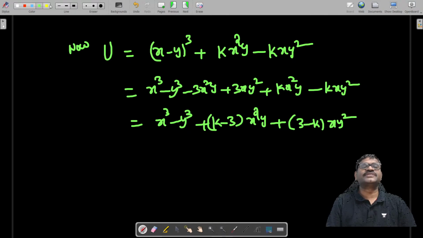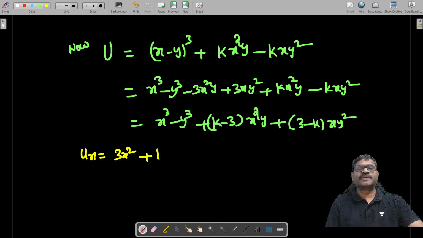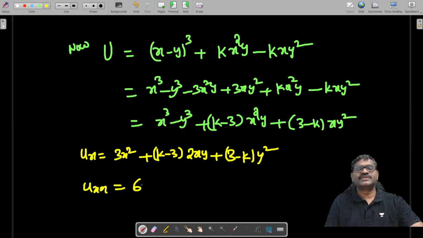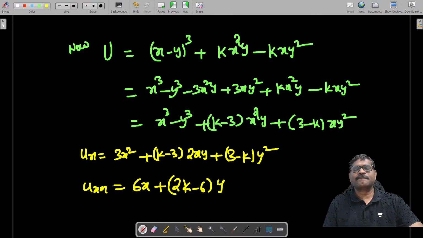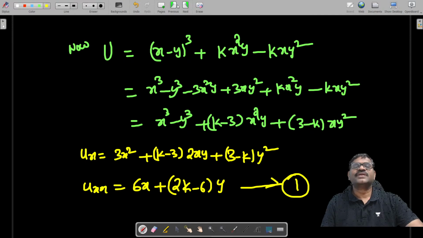Calculate ux and uxx. ux is 3x square plus k minus 3 into 2xy plus 3 minus k into y square. uxx is 6x plus 2k minus 6 into y plus 0. Called it equation 1. Okay na?